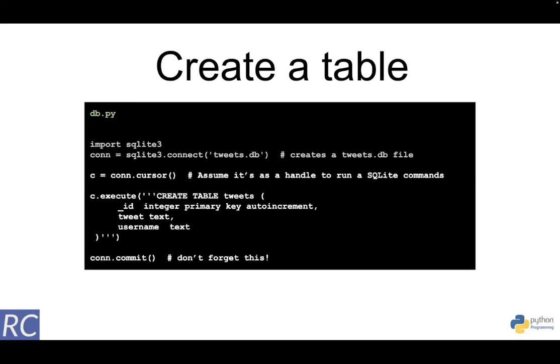Okay. Now because SQLite is a relational database, we need to create tables. We store data by creating tables first, and tables are basically categories of data, right? Imagine customer data. Customer data should be stored in a customer table. Employee data should be stored in an employee table.